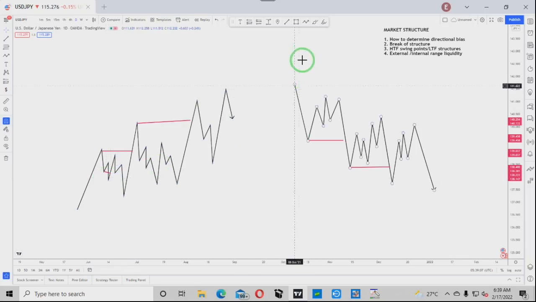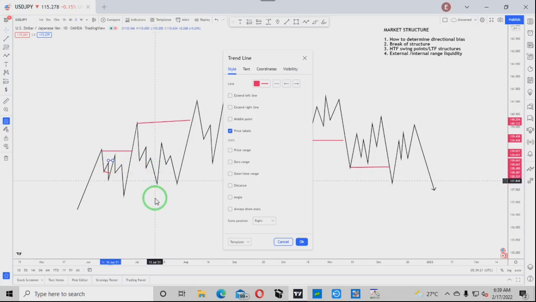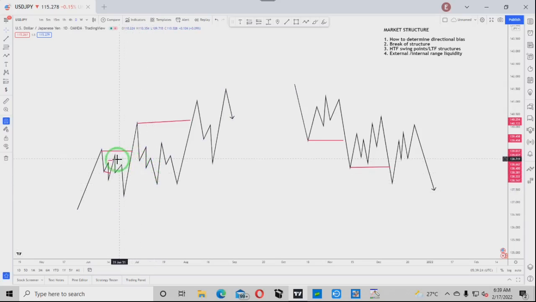Now, a lot of people too will look at this condition here, that price has broken structure to the upside. Take a look at it. Price has broken this structure to the upside. They will think that is a break of structure.